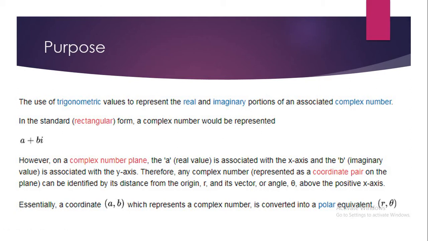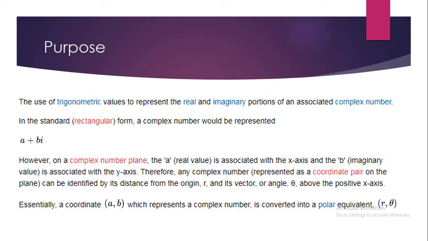So now, x is represented by the a value, and the b, which I told you is the imaginary number. Whenever you take an imaginary number, you also take the sign of the number. You don't leave it behind. If it was negative b, then negative b would be the imaginary value associated with the axis.